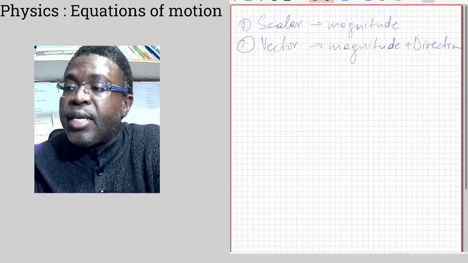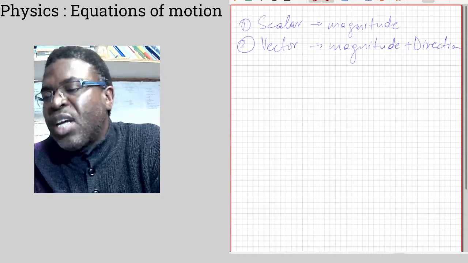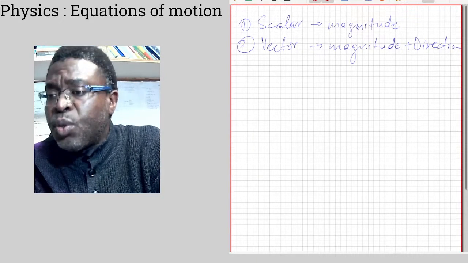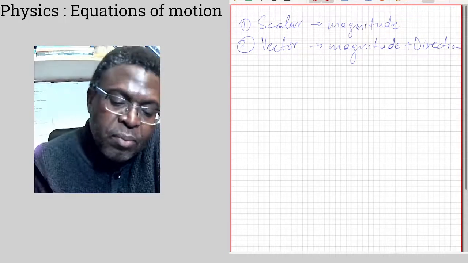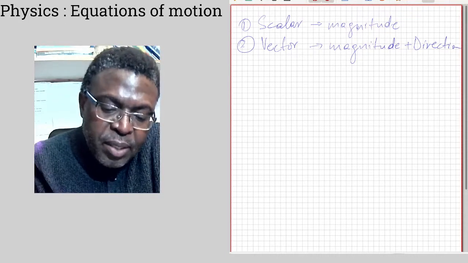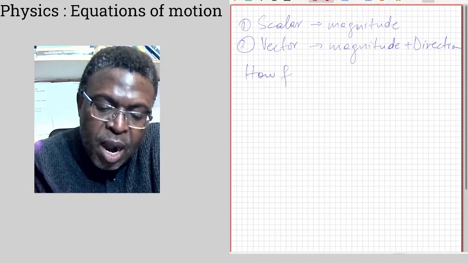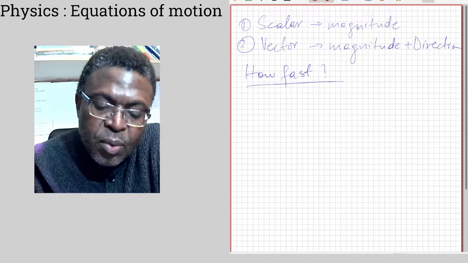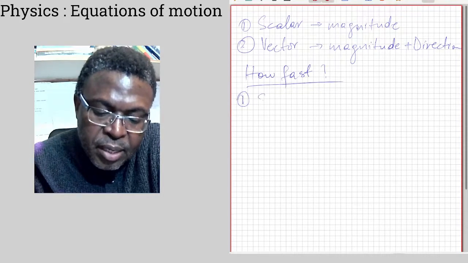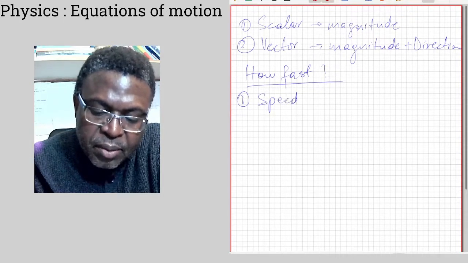And there are two concepts that you can use to measure how fast an object moves. We've got two things again. One is a speed.